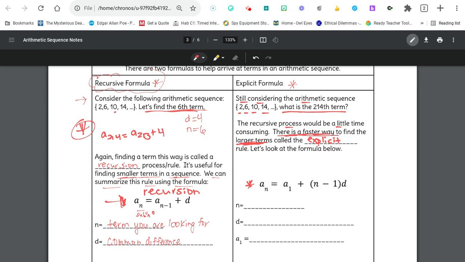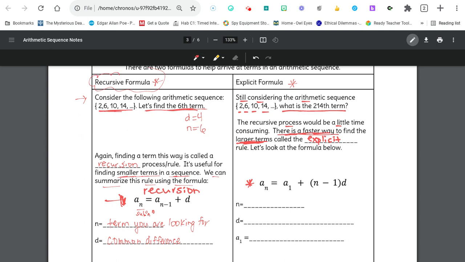That means I've got to go all the way up to the 213th term on the recursive formula. Here, on the explicit formula, I don't have to know the 213th term. I just need to know that n is the term I'm looking for.